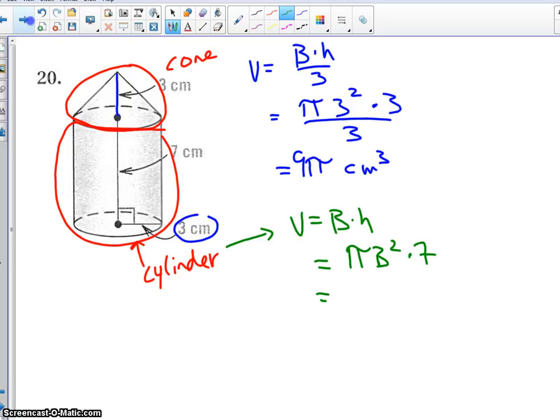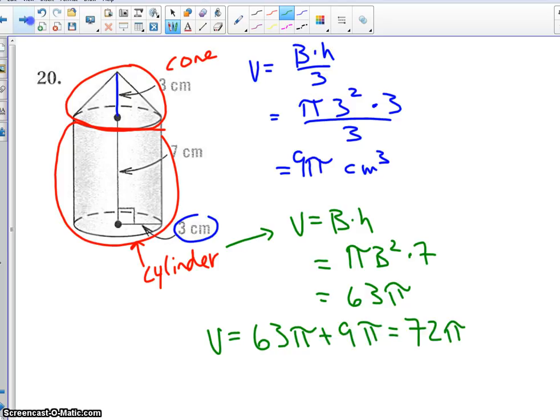So we have 9 times 7, so 63 pi. Our total volume is 63 pi plus the 9 pi, or 72 pi centimeters cubed. So that's going to be the volume.